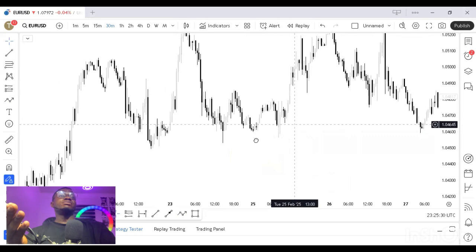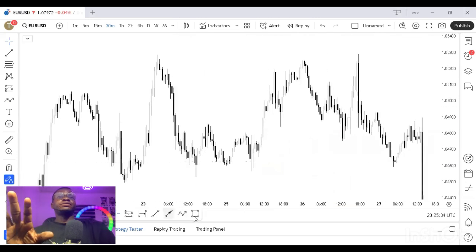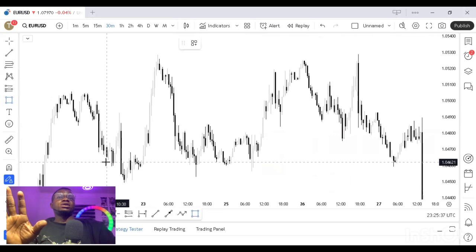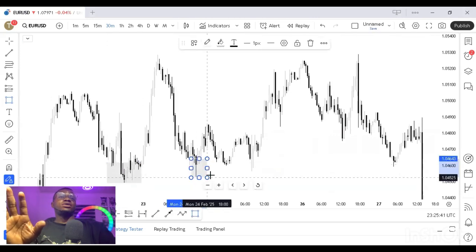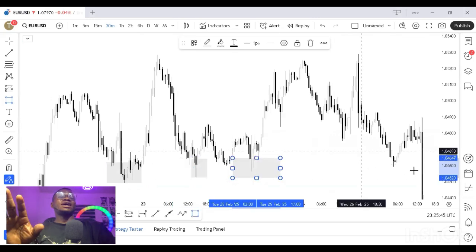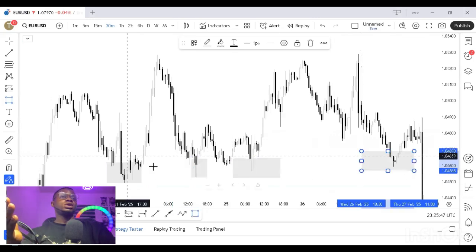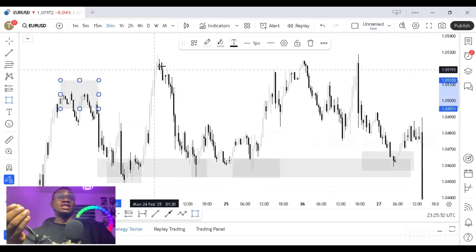Okay, if you go further, this is the range in the market, the first structure I taught you. You can see price creates a low here. In that same area, price creates another low here, and another low here. So these are equal lows. You can see price creates a high here at that same level.